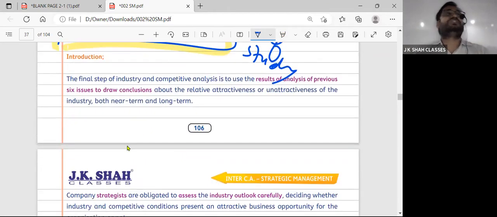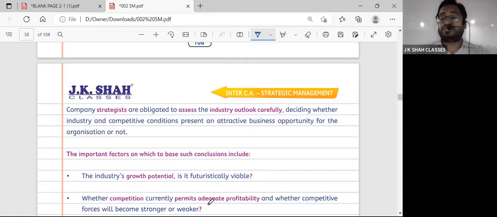This finishes this chapter. What was the name of the chapter, by the way? Dynamics of competitive strategy. How many concepts? 10 concepts. What was the first concept? Competitive landscape.